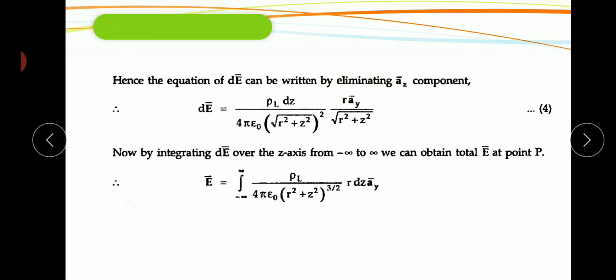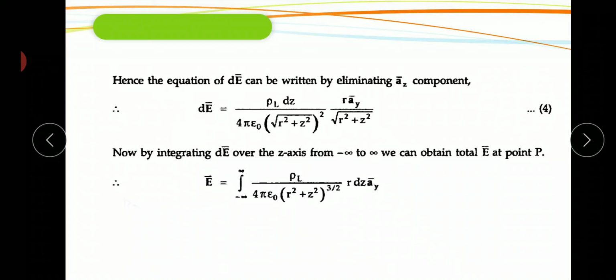Now to find the total electric field intensity at the point P, it is obtained by integrating this equation with the limits minus infinity to plus infinity. Whenever we integrate on both sides, the integration and differentiation cancel.